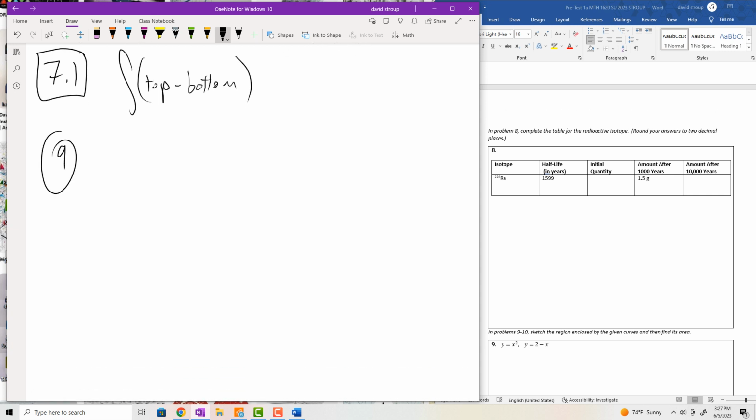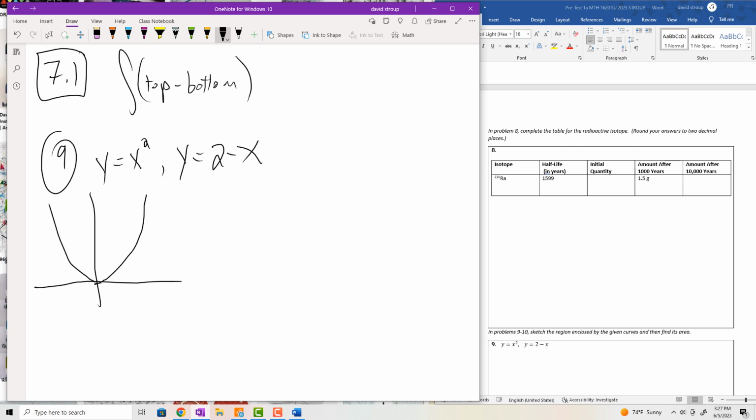Anyways, let's look at number 9. Again, what we're trying to do is get the area between the curves. I need you to sketch the region first. So you should be able to sketch basic things like this stuff. y equals x squared is a parabola with a vertex at 0, 0. y equals 2 minus x has a y-intercept at 2 and a slope down 1 over 1. So it's a line with negative slope like that.